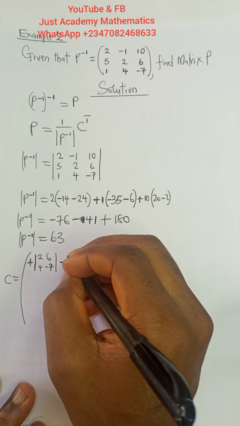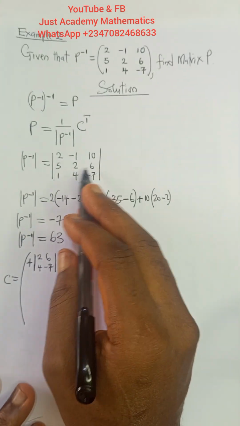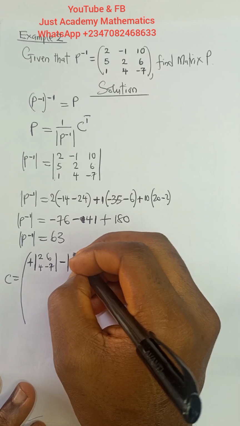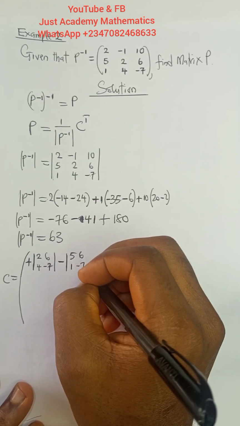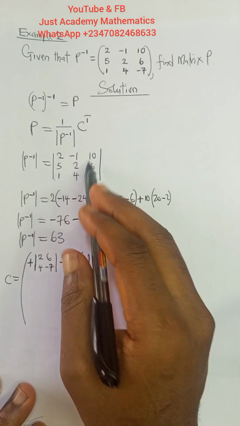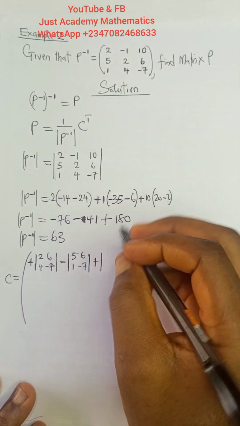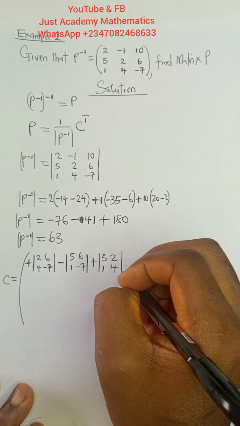Then we have minus here. Out. We're left with 5, 6, 1, minus 7. Then we have plus again. Then here is out. We have 5, 2, 1, 4.